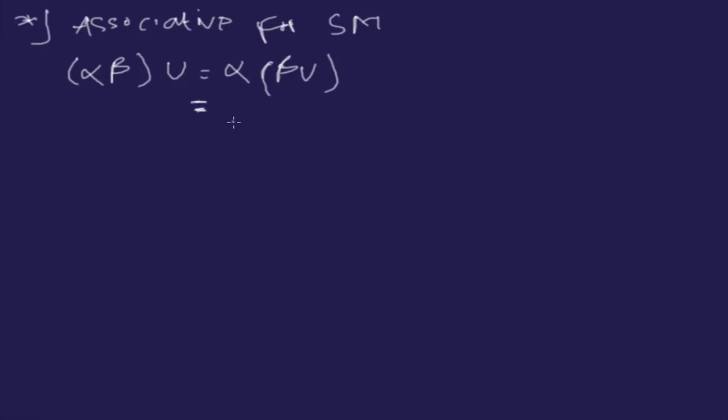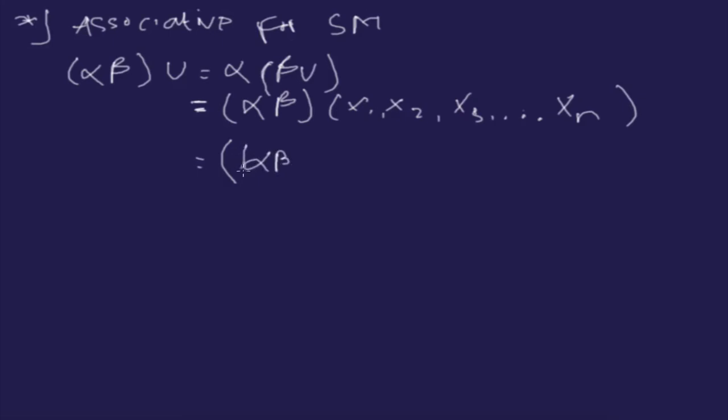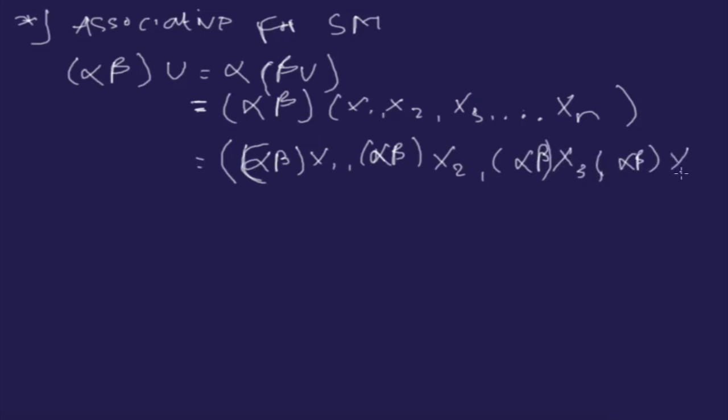We write u as x1, x2, x3, up to xn. Then we multiply: alpha beta x1, alpha beta x2, alpha beta x3, up to alpha beta xn.